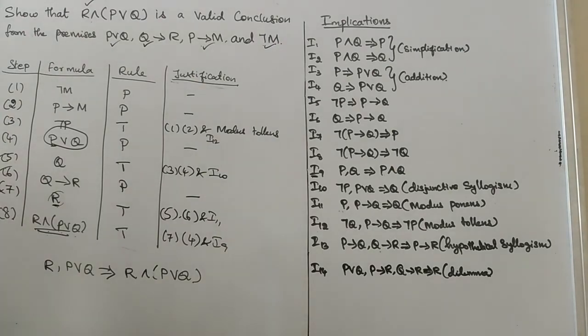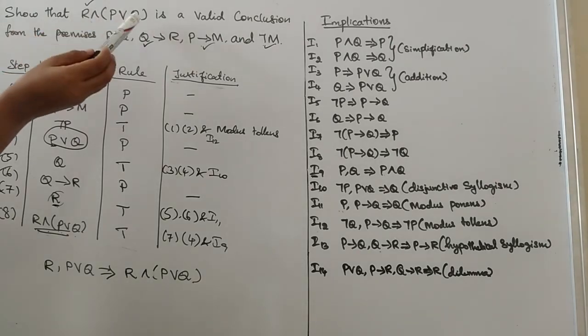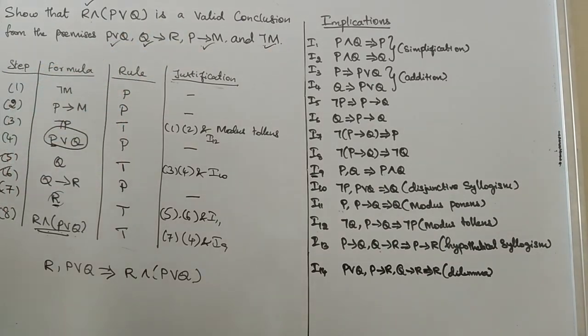With this methodology, you can easily prove whether a particular statement or formula is a valid conclusion from a set of premises. You can take several problems and try to solve them just like the methodology we have used here.